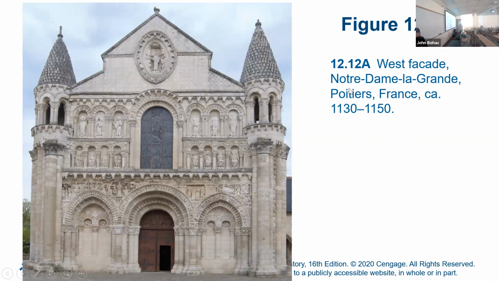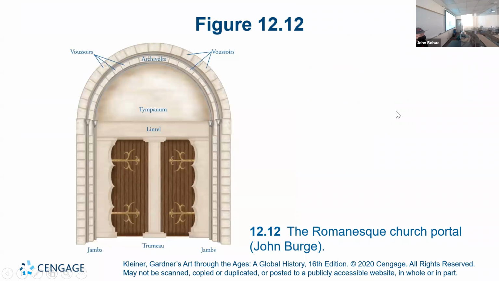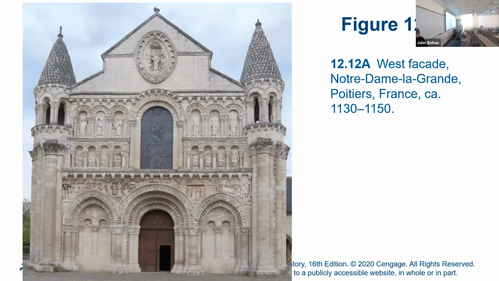West facade, Notre Dame, Le Grand, Poitiers, France. What was this other one? Mosaic, France. Like I said, a lot of things are named after Notre Dame. 12th century.